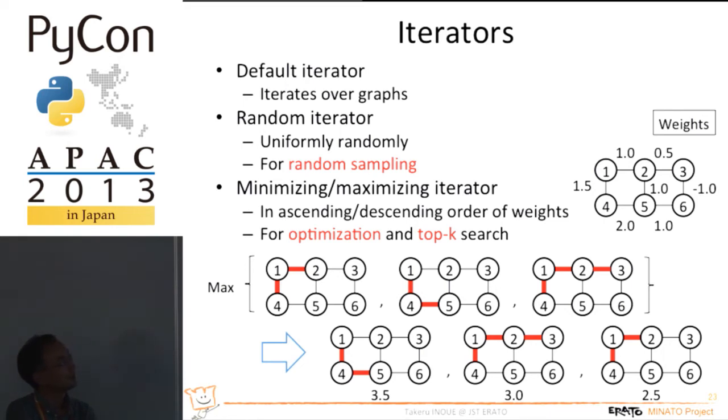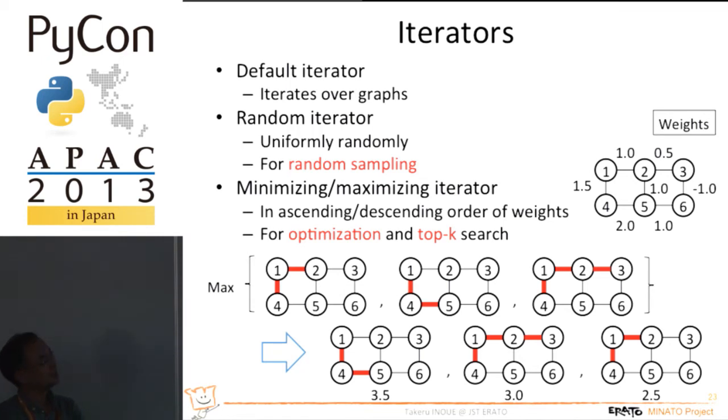The minimizing and maximizing iterators return graphs in the ascending and descending order of graph weights. In this example, edges have weights like this. The maximizing iterator returns the graphs in descending order like this. The most weighted graph comes first.